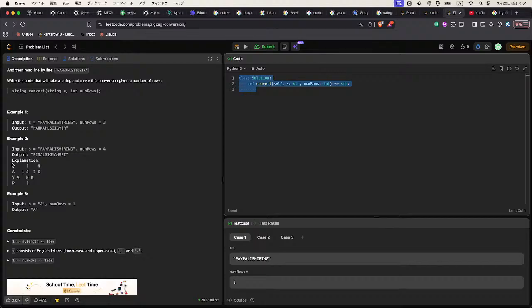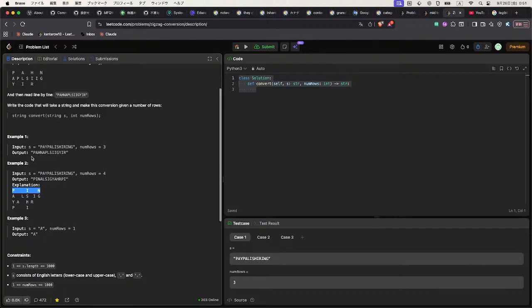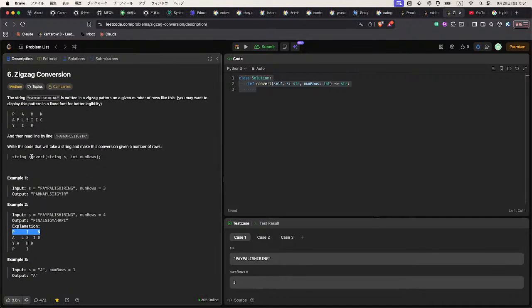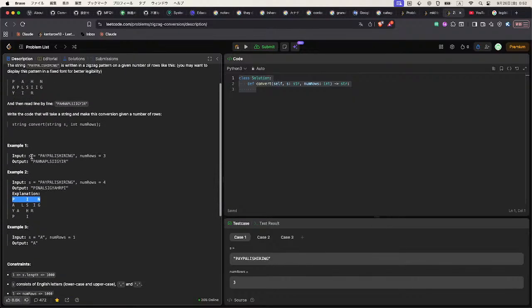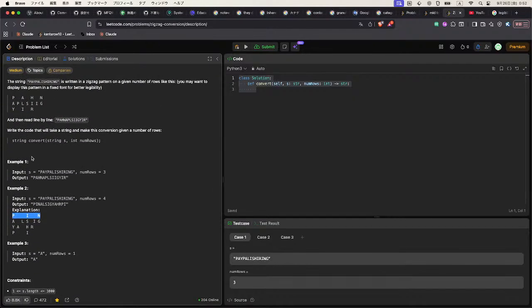Okay, so yeah, the problem asks us to return the string that is read line by line.